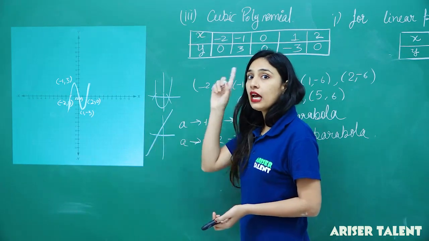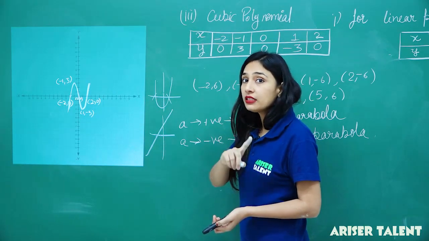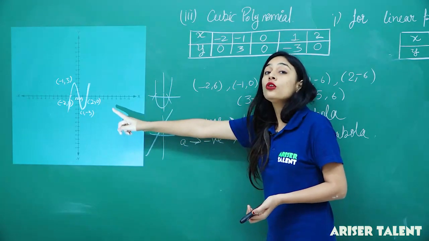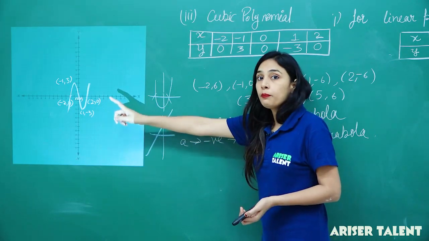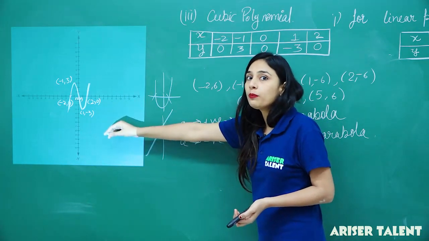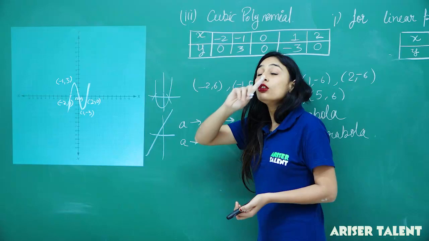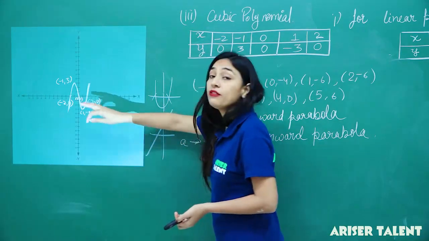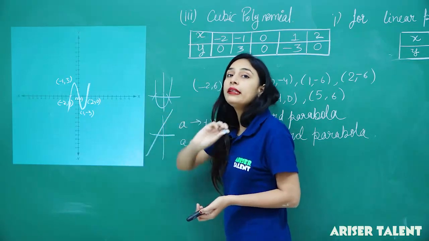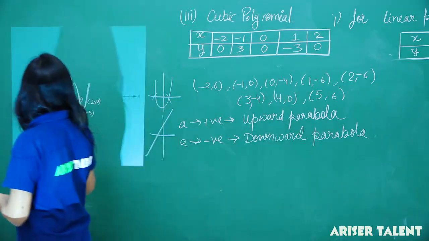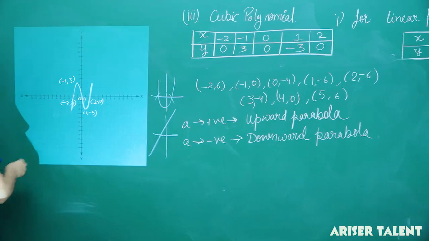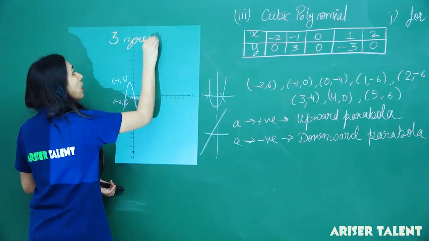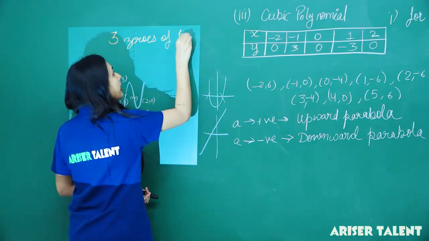So we were having only one zero of polynomial, and in this particular cubic polynomial we are having three zeros. Okay, 1, 2, 3. We have cut this line 3 times. So we'll be having 3 zeros of polynomial, right?